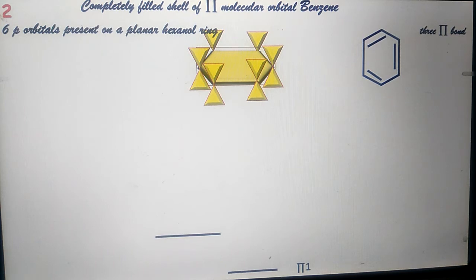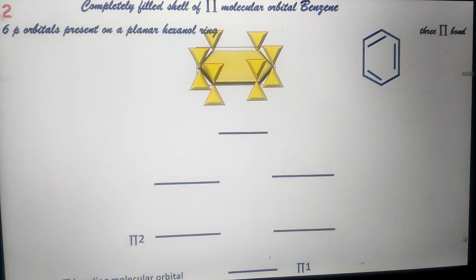According to MOT, molecular orbital theory, 6p orbital overlap results in the formation of 6 pi molecular orbital. Pi 1 is the lowest lying pi molecular orbital because it have lowest energy. Pi 2, pi 3 are degenerate.